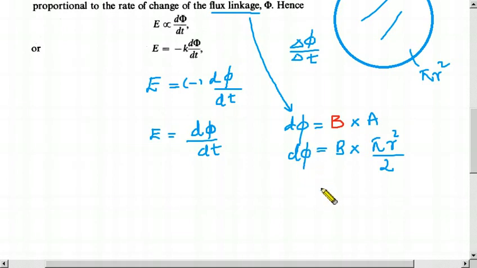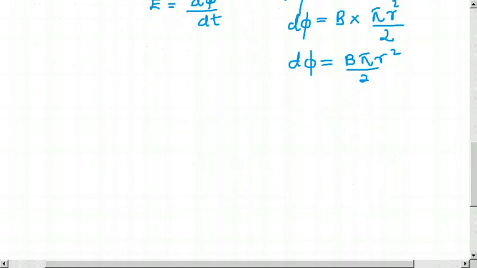Right, now we know the total flux linkage is B times pi r squared divided by 2. So now we have to find out delta T. Now we know this term, so let us mark it as 1.